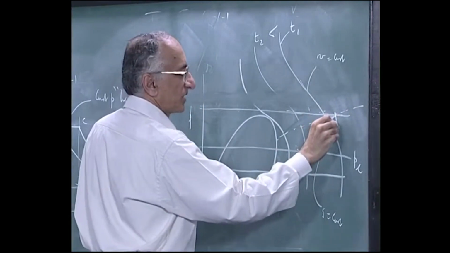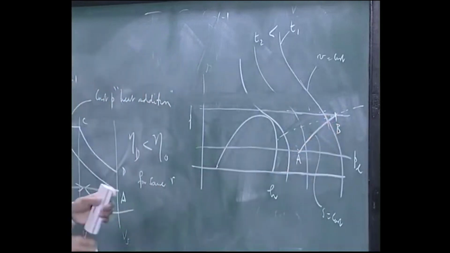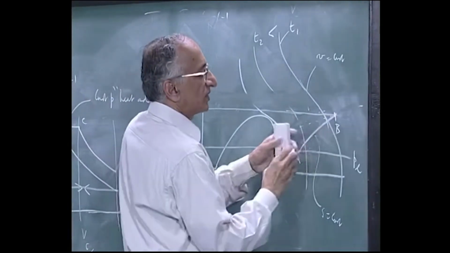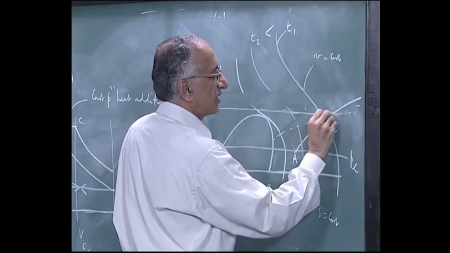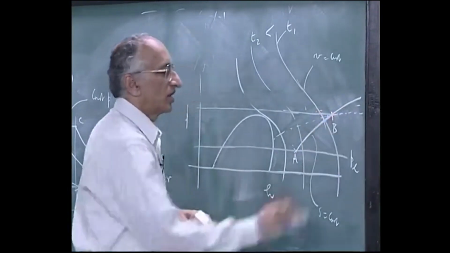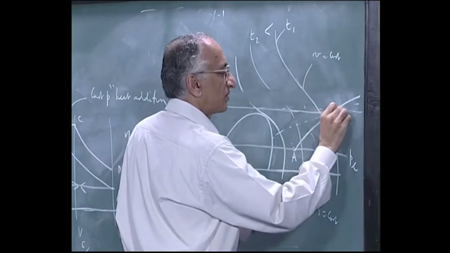I go to this pressure, this is B. From there I have a constant volume line which has a different slope, this is the constant entropy line. We have seen that the constant volume lines have a different slope, lower slope.